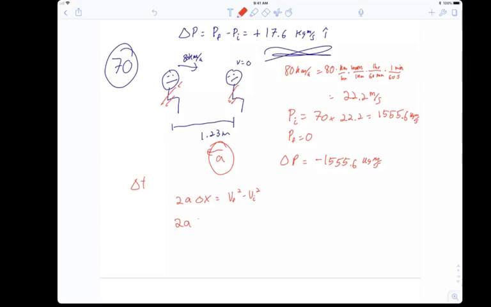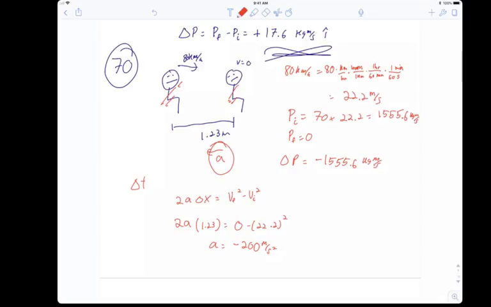So this is 1.23. The final velocity is 0. The initial velocity is 22.2 squared. 22.2 all squared divided by 2 times 1.23 gives minus 200 meters per second squared.